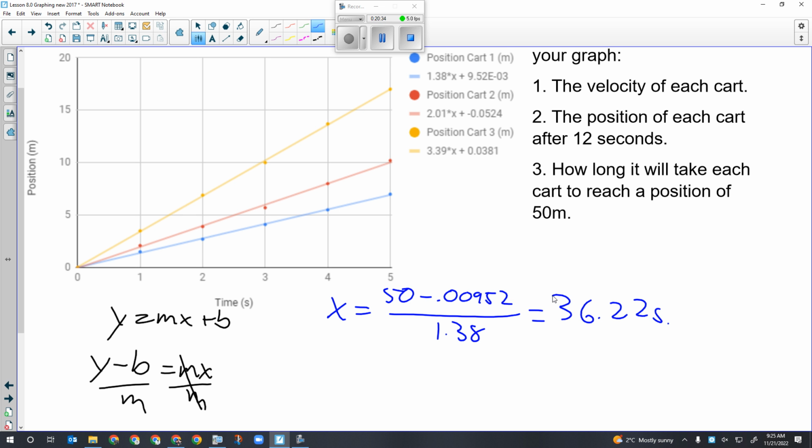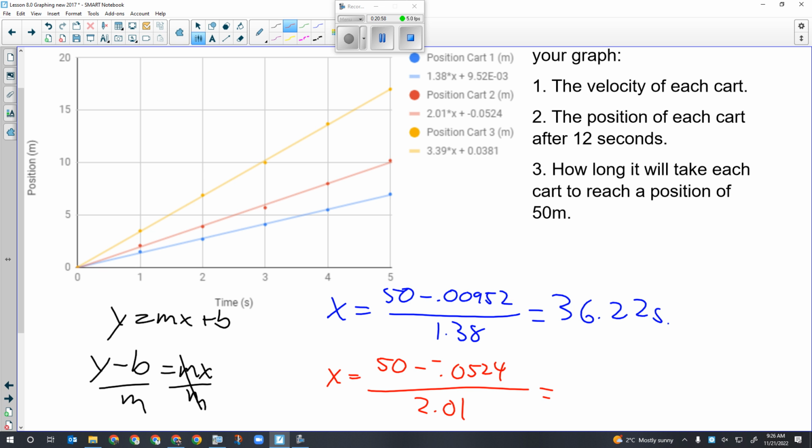Okay, you need to do the same thing for the red cart. Okay, so for the red cart, I still am going to have 50 for y. I'm going to put in the y-intercept b for the red cart. That's negative 0.0524. And then I'm going to divide that by 2.01. And that'll give me the time it takes the next cart.